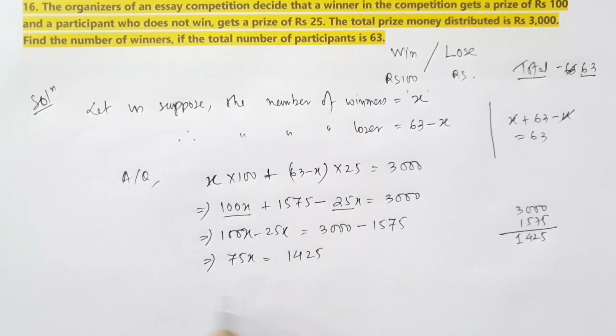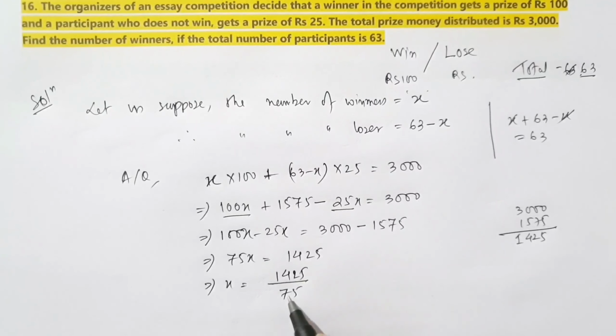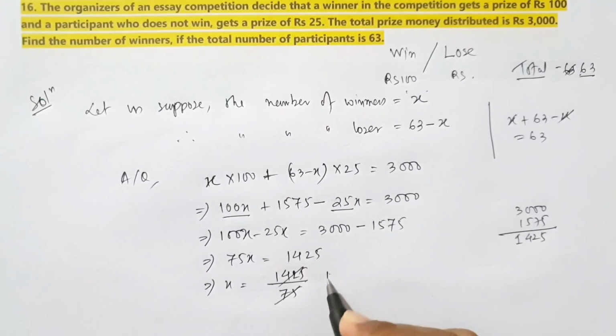So 1425. Now x, if we divide by 75, it means that the 75 will come as a denominator. Now if we cancel it, we get the value of x is 19. If we calculate it, you'll find the value of x is coming 19.